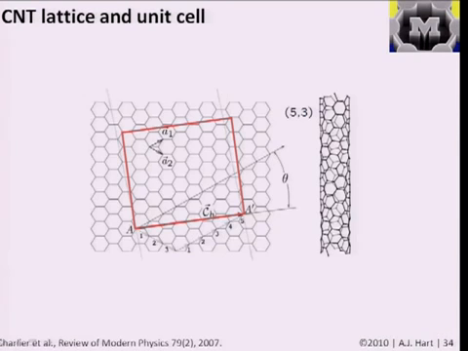So then the second set of examples I want to talk about relate to the electronic properties of carbon nanotubes. And here we're going to see a bit more physically how this concept of chirality, which we now know in a purely geometric sense, relates to the electronic structure of the nanotubes and basically determines whether they're semiconducting or metallic, or effectively zero-gap semiconductors.